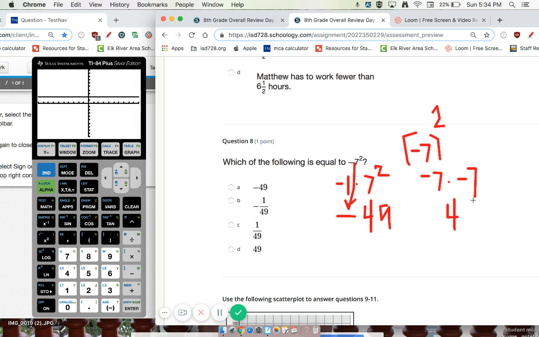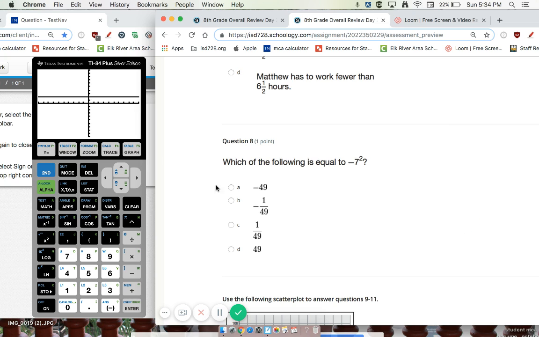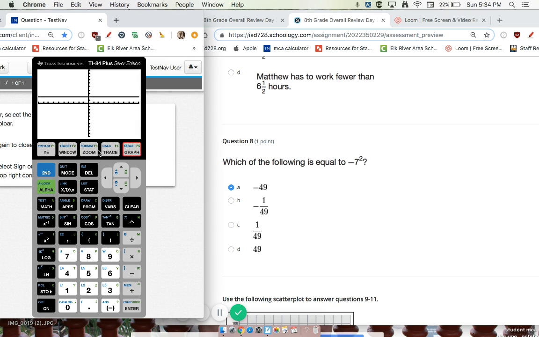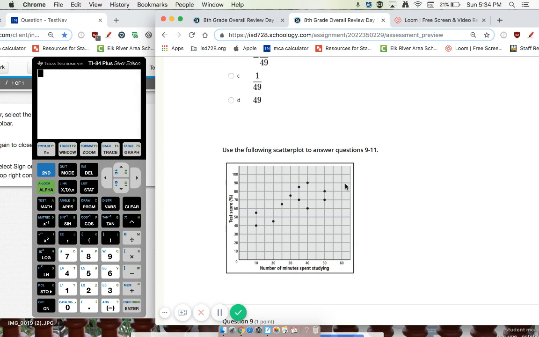So this one, it's a drop down, so it's 49, and then drop down the negative, so A. If you use a calculator, you would just go -7 squared, and that will do the drop down for you. If it has parentheses, make sure you put parentheses. -7 in parentheses squared would be that positive 49. So that's the difference between those two.